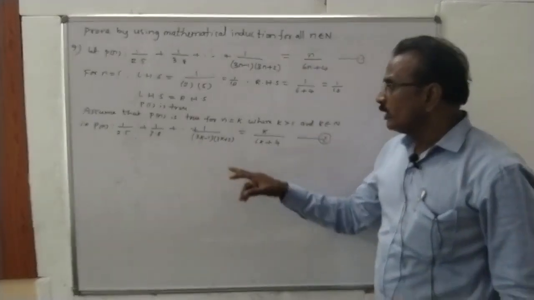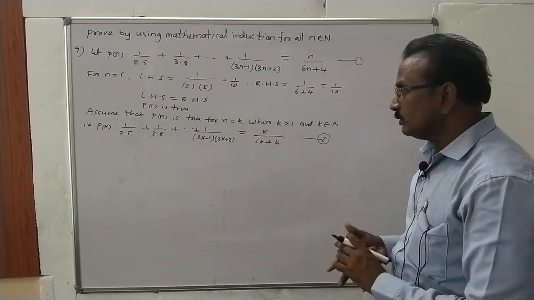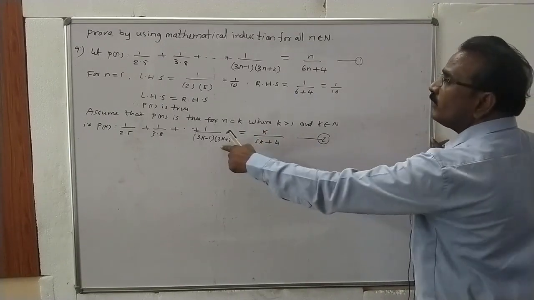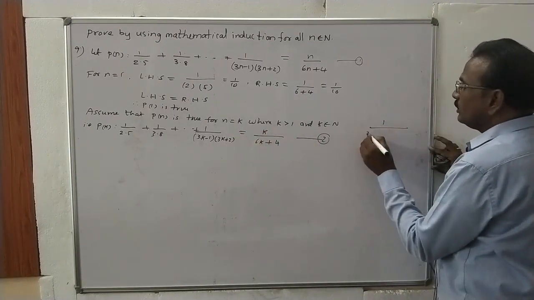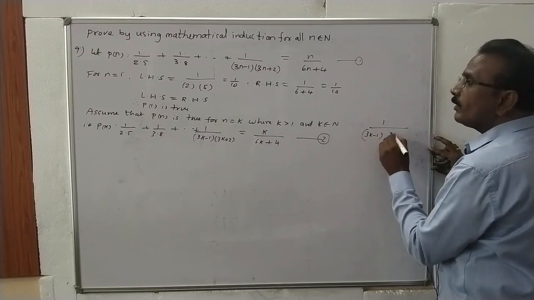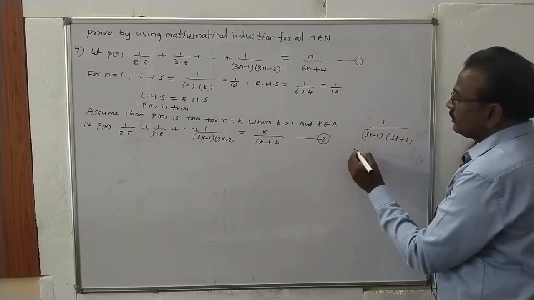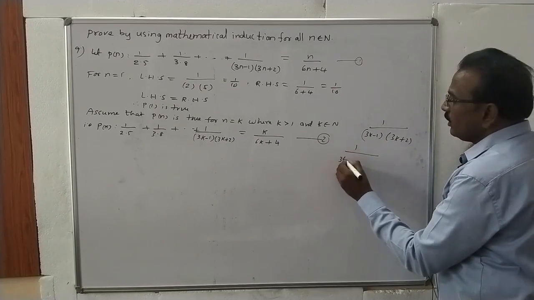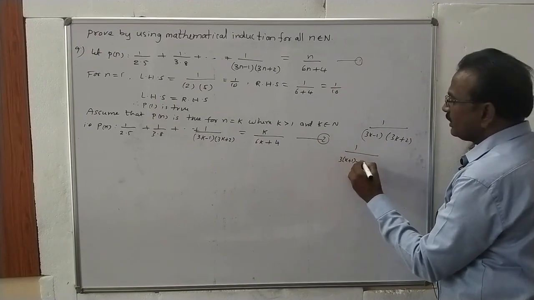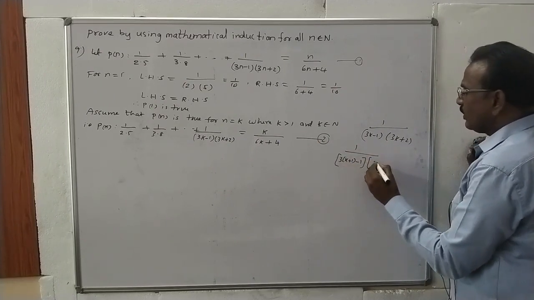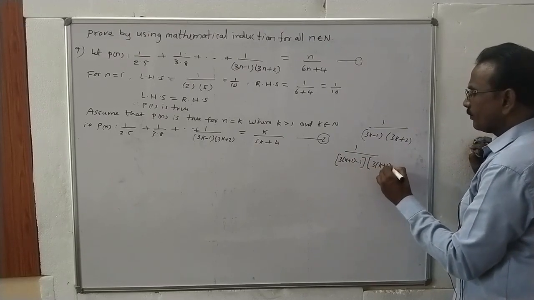We need to prove in place of k plus 1. So what is the adding term? First identify the kth term, 1 by 3k minus 1 into 3k plus 2. Just replace k by k plus 1. 1 divided by 3 into k plus 1 minus 1, this is the first factor. Second factor is 3 into k plus 1 plus 2.